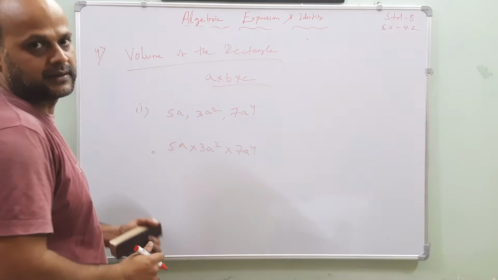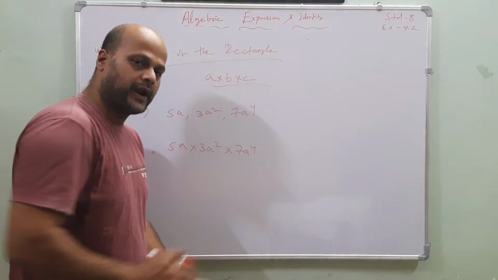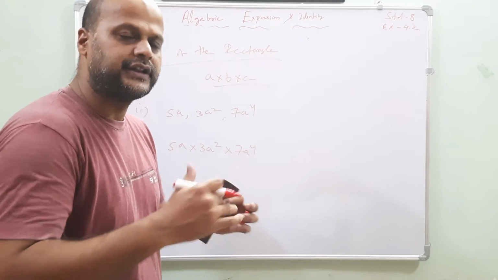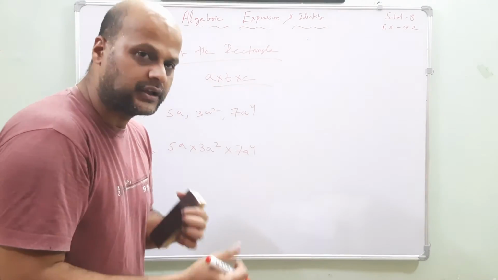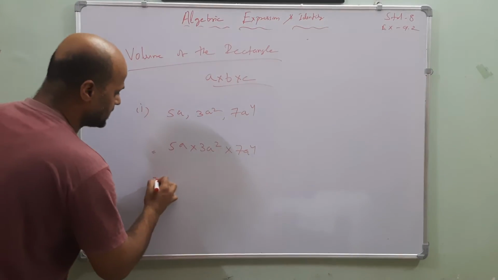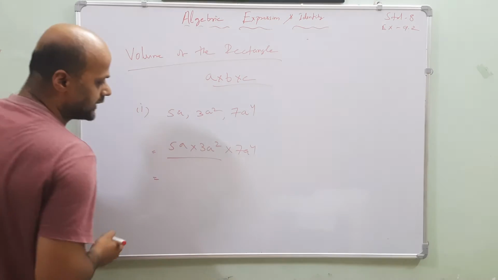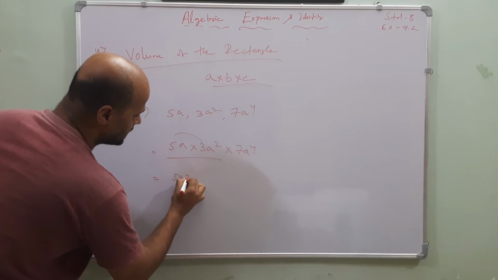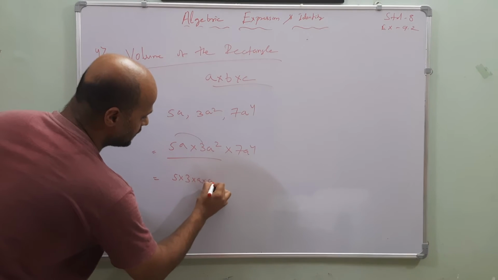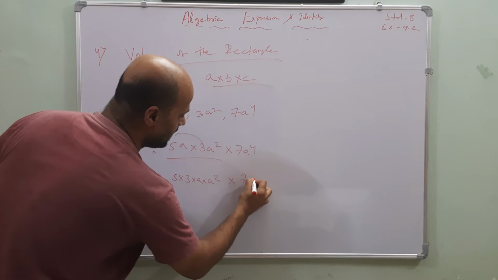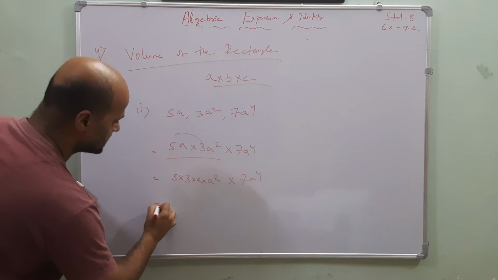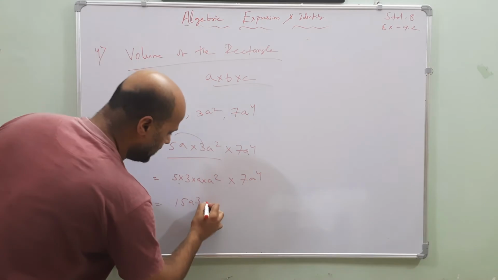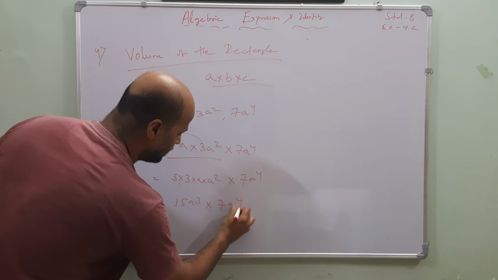Here two processes are there, my dear friends. Either you can directly multiply it, or first multiply two, then the result will be multiplied with the third one. Let's go two by two. First multiply the constants, 5 into 3, into a square into 7a fourth as it is. Next 15a cube into 7a fourth.